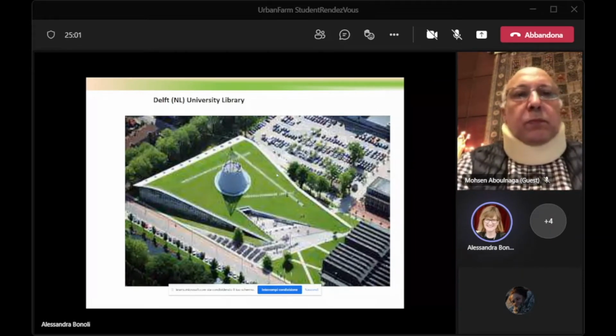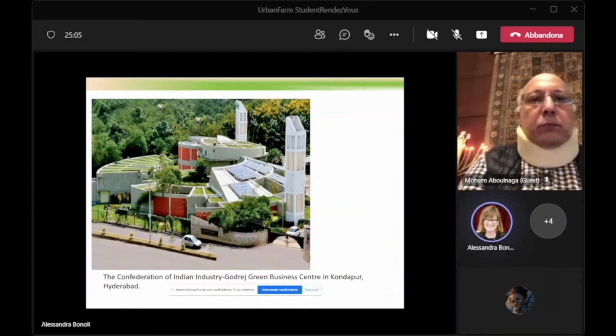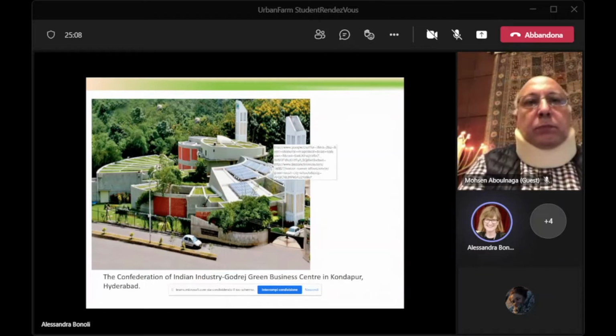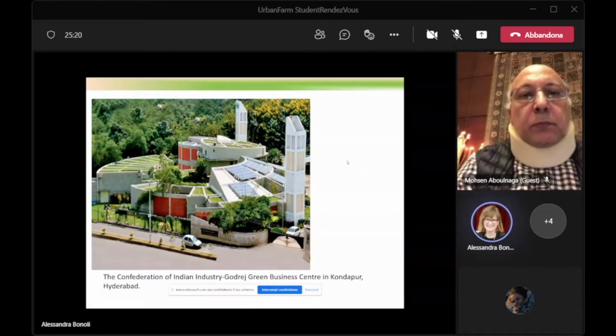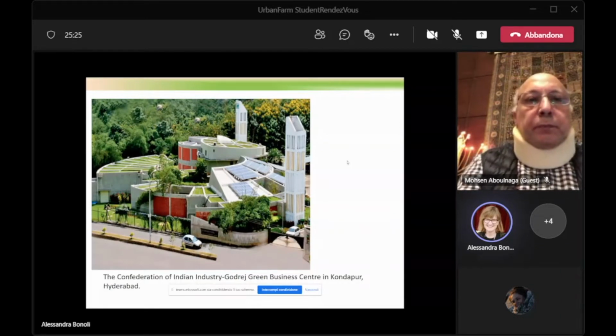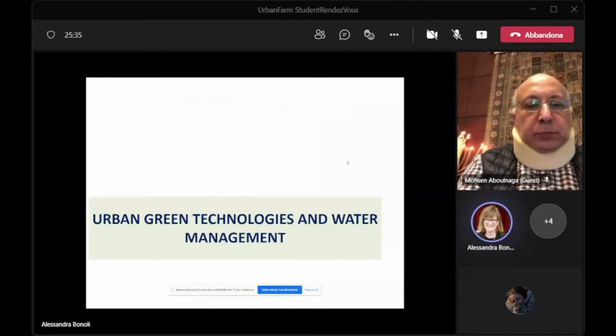And here the Confederation of Indian Industry Business Center in Kondapur, Hyderabad, where they put together several solutions, not only the green roofs, but also photovoltaic panels and the possibility to collect rainfall water, to store water that can be used for several purposes. Other examples of modern architecture solutions, both in the USA and in France.